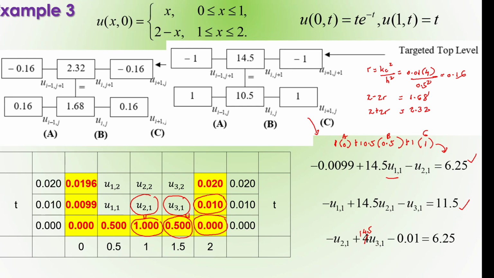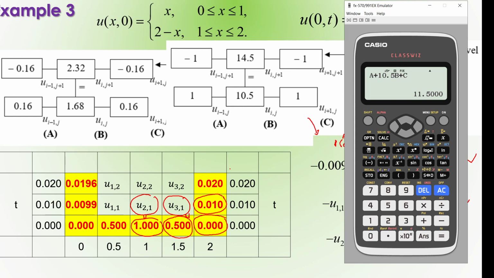Because this value is a right boundary equal to 1 times 1 plus 10.5 times 0.5 plus 1 times 0. We already keyed it into the calculator. 1 times A is the left bottom, B is the center bottom, C is the right bottom. So you calculate A is 1, B is 0.5, C is 0.